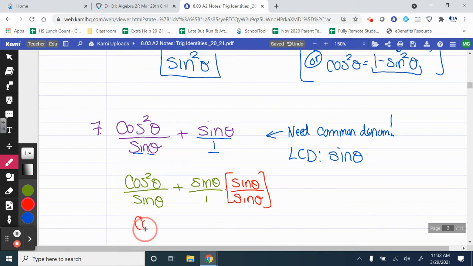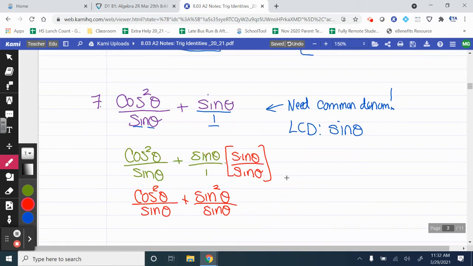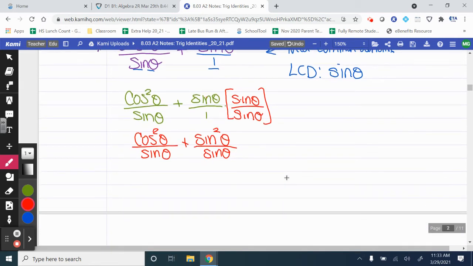So now I have cosine squared theta over sine theta for my first fraction. Now sine times sine will give me sine squared theta over sine theta. Once I have a common denominator, now I can combine the two fractions, and so you add the numerators, cosine squared theta plus sine squared theta, and keep your denominator.